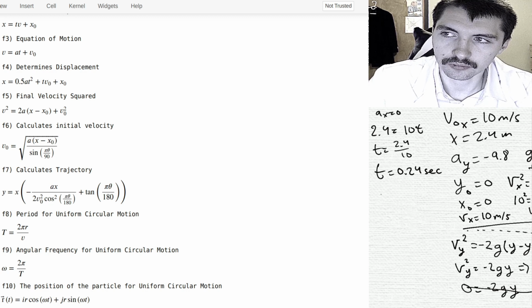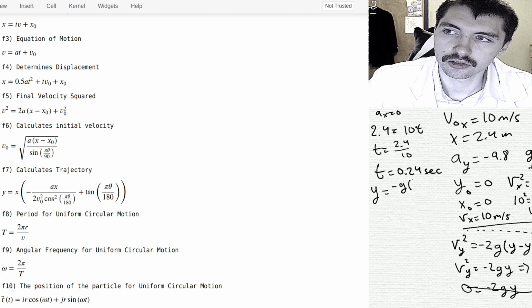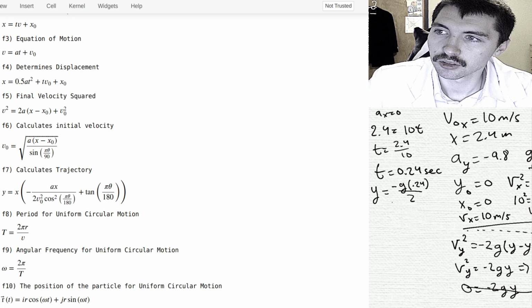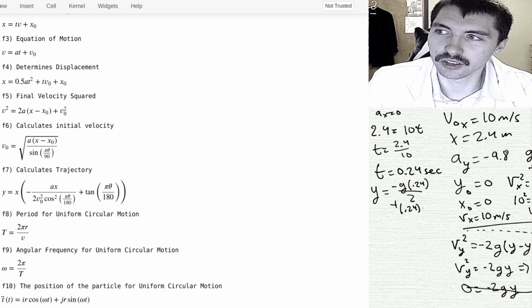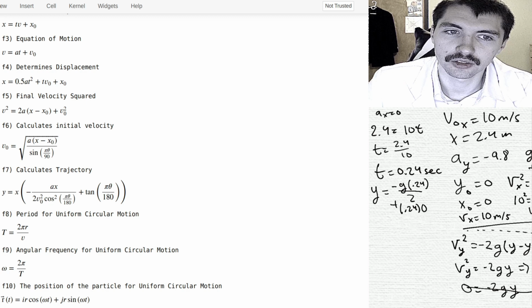So we can say y is negative gravity times 2.4 squared over 2, plus 0.24 times v naught, the initial y velocity, which is 0, so 0, plus y naught, which is 0.